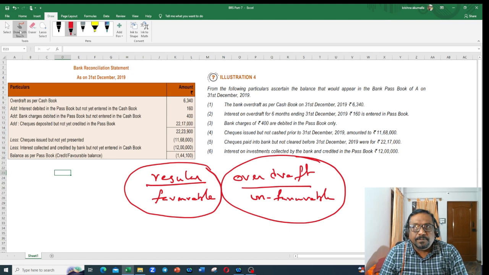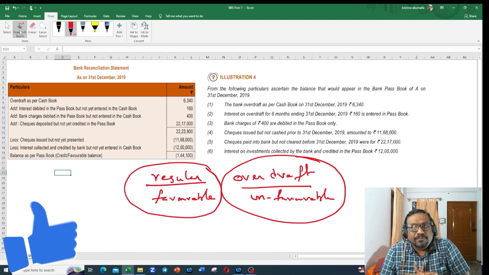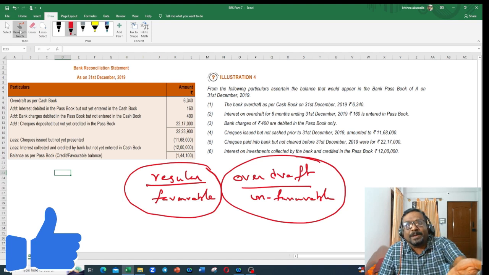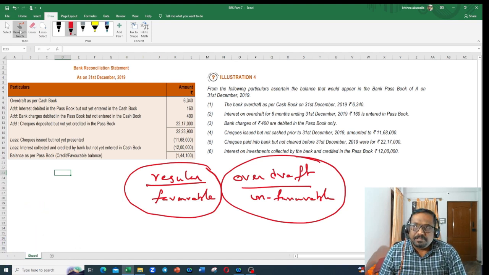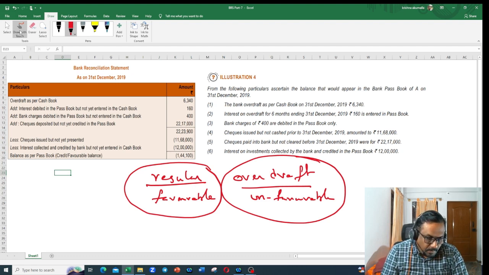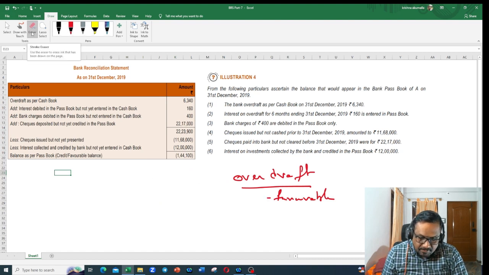What is this unfavorable balance? That is nothing but overdraft. It is not favorable to you. You have to pay that amount to the bank. Hence, that is called unfavorable balance to your business. Correct? So please remember. Now I explained what is favorable and what is unfavorable.